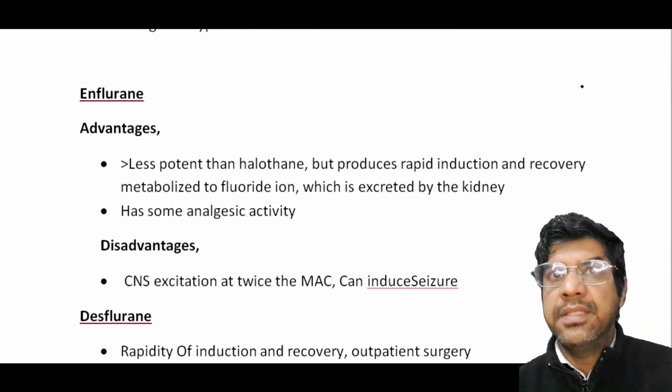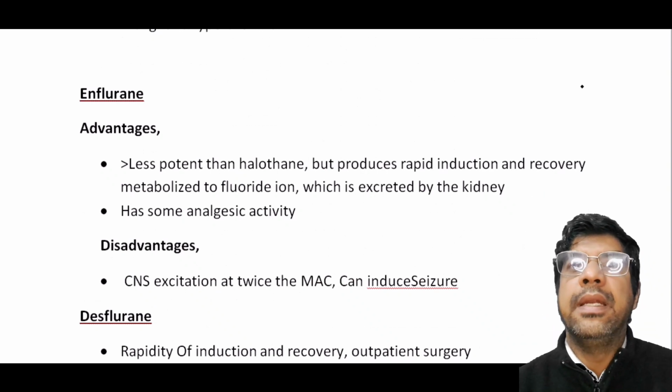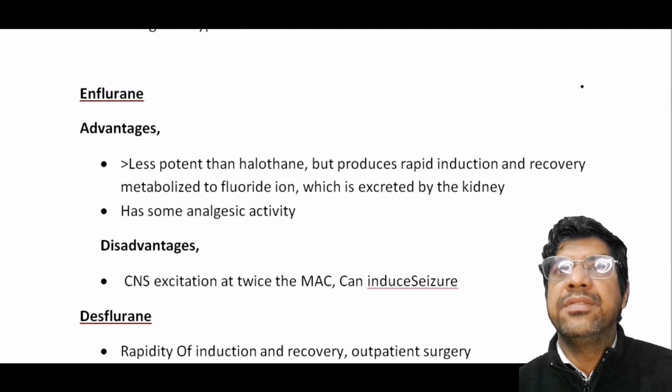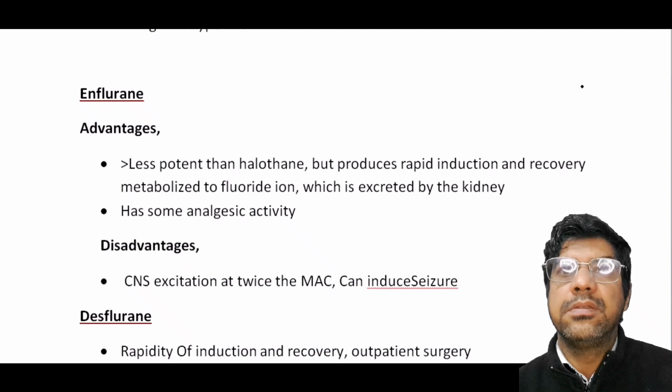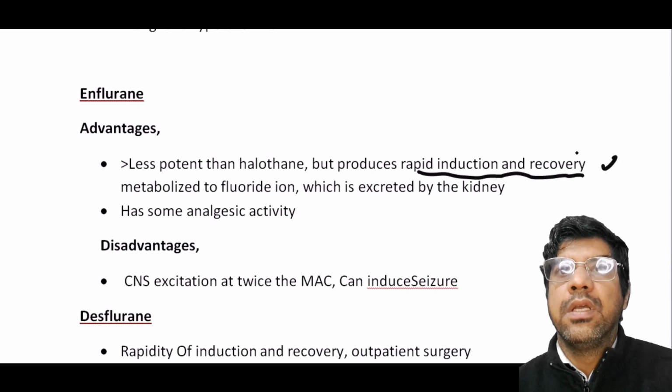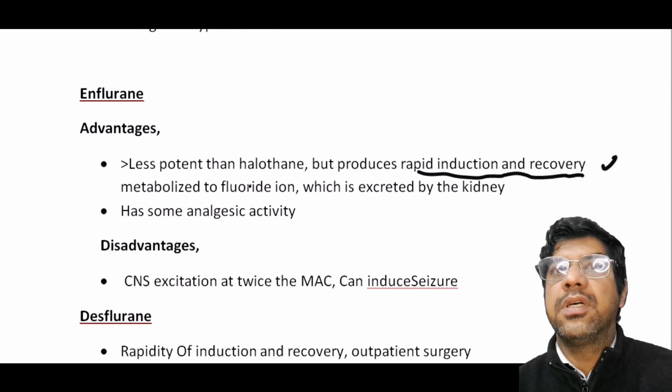The other is enflurane. Remember, it is moderately potent. It is less potent than halothane, but it has rapid induction and recovery. It is metabolized into fluoride ions, which are then excreted by the kidney.